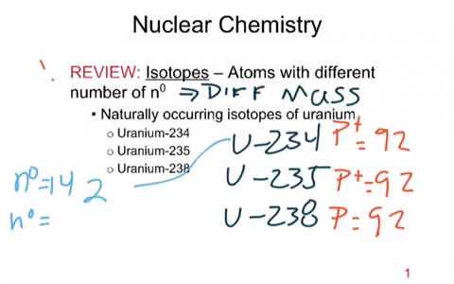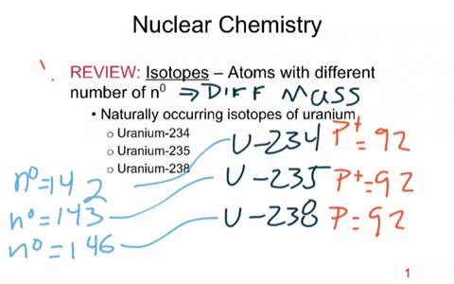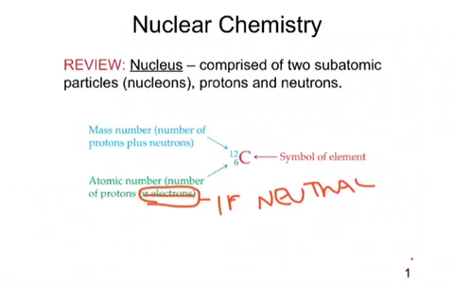For uranium-235, we would get 143 neutrons. And for uranium-238, we would get 146 neutrons. So isotopes are the same element, with the same number of protons. As we can see here, we have the same number of protons for all three of them, but a different number of neutrons. And the bigger the isotope, 238, the more neutrons that we have.